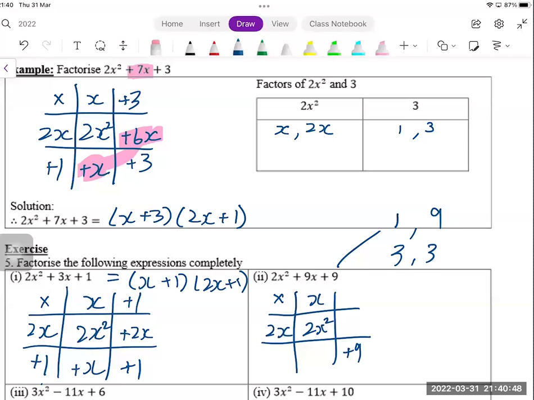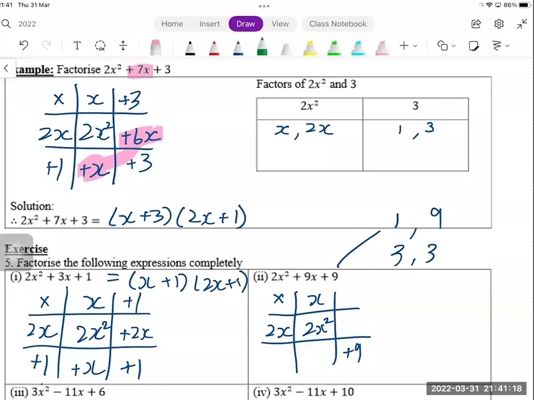So now let's do trial and error one by one. If you put +1 here, you get +2x. You put +9 here, you get +9x. Does it satisfy what you're looking for? You're looking for 9x. So 2x and 9x give you 11x. So this one cannot, wrong answer. So we try again.